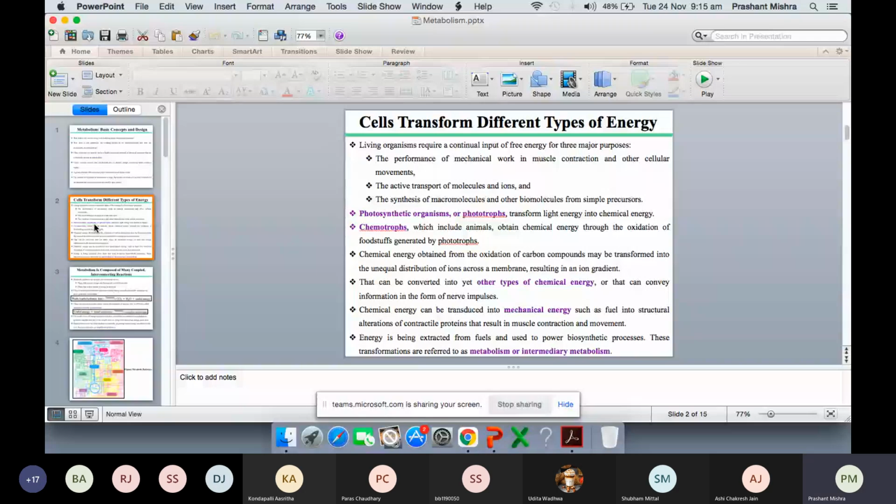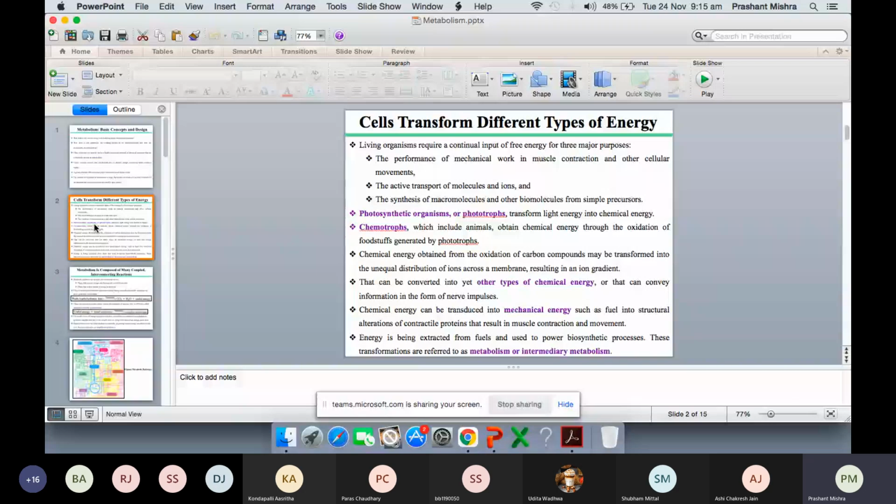this chemical energy can be employed in different forms. It could be used even to transfer or convey information in the form of nerve impulse. The chemical energy can also be transduced into mechanical energy. This is very important. For example, if bacteria move, it requires energy. If our muscle is moving, it requires energy.